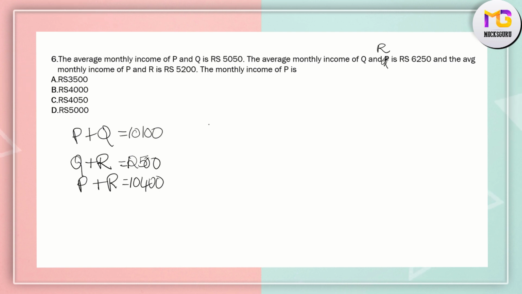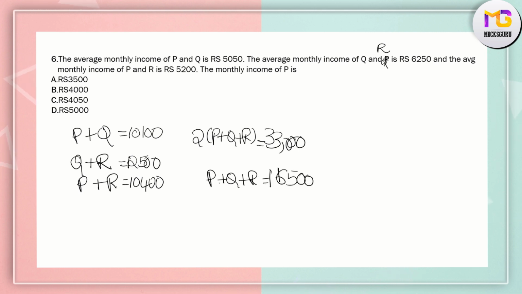If we add these three equations, we will get 2 into P plus Q plus R is equal to 33,000. So P plus Q plus R is equal to 16,500. We need the value of P, the monthly income of P. We know the value of Q and R here, 12,500.